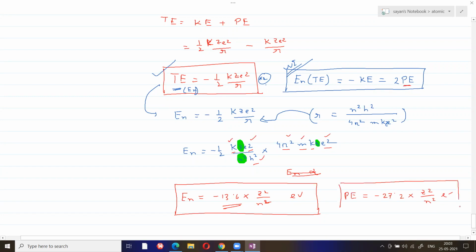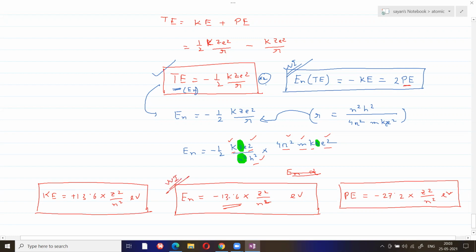And what is the value of kinetic energy? Kinetic energy is basically the sign change. It is plus 13.6 z square by n square electron volt. Any doubt? This part is clear? Yes, sir. Very important formula. For maths only this formula is required.